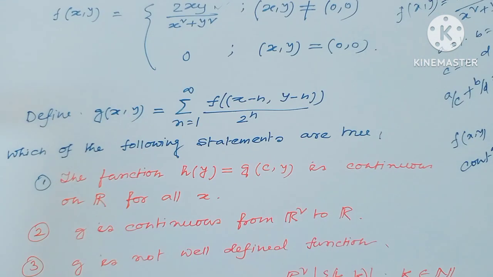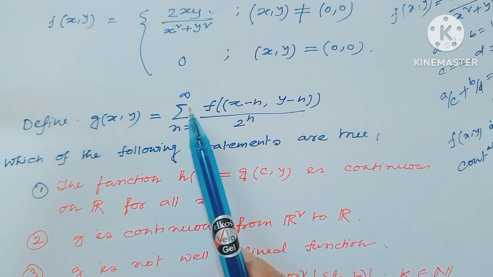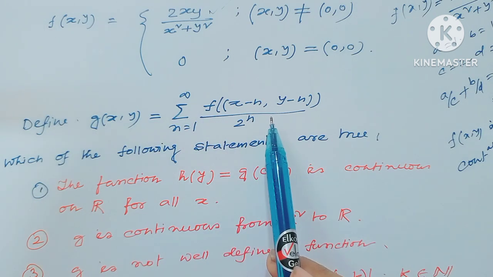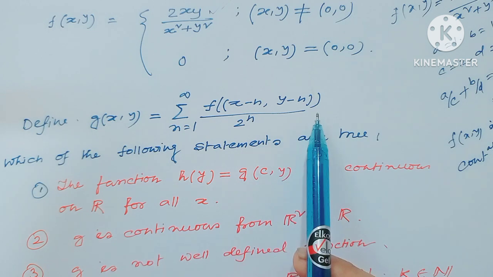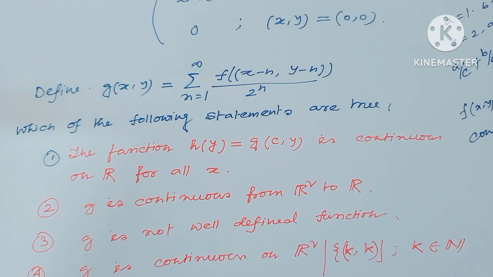And define a function g(x,y) equal to the series, n equal to 1 to infinity, of f(x minus n, y minus n) over 2 to the power n. Then the question is, which of the following statements are true?